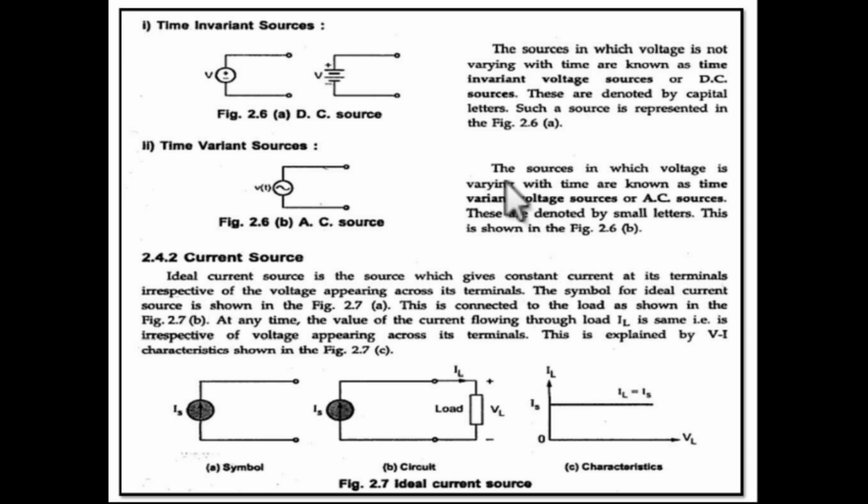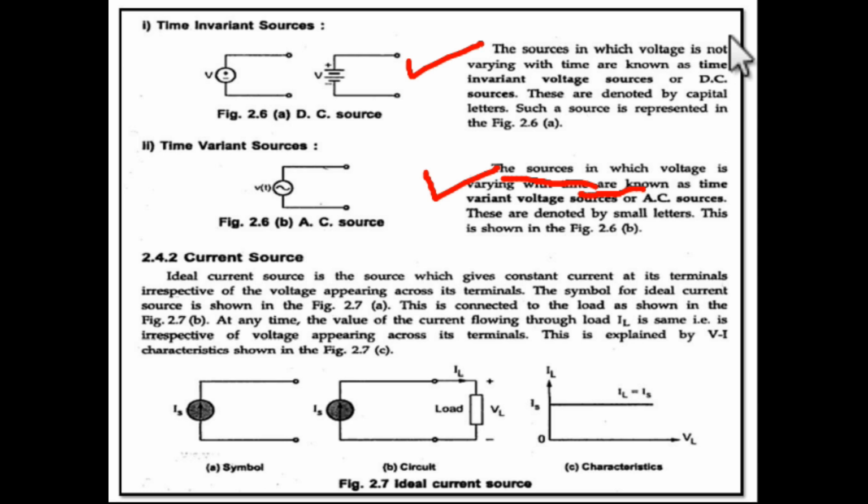You can see over here, time variant sources like AC alternating sources. The sources in which voltage is varying with time are known as time variant voltage sources or AC sources. And the sources in which voltage is not varying with time are known as time invariant voltage sources or DC sources.